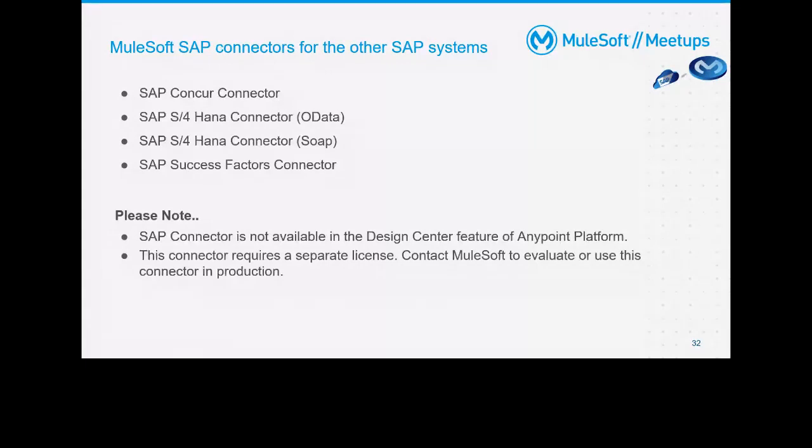Now, all these other connectors are built on top of APIs, so the configuration will be similar to how we configure API-based connectors. To highlight here, the SAP connector requires a separate license and it is not available in the Design Center feature. So if you're using it in production, you have to contact your MuleSoft contact of your organization or project to discuss this.